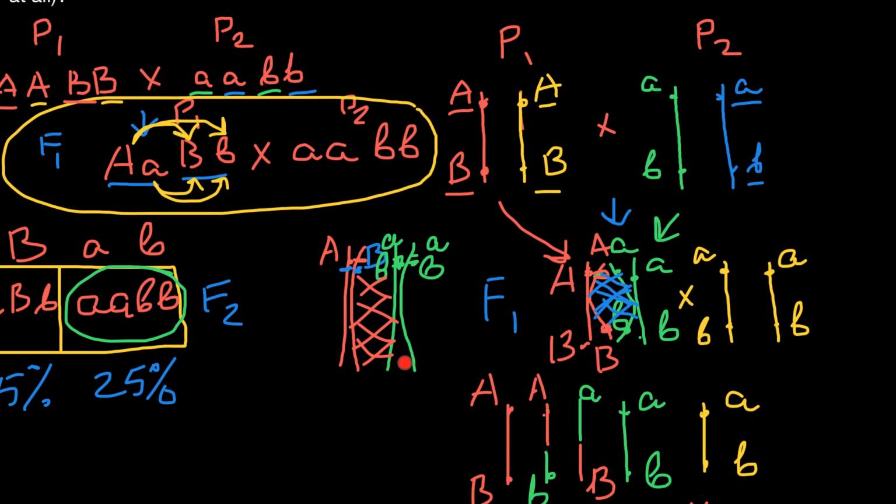That means that such a variant would produce only two types of gametes. The first variant would be a gamete where we would have dominant allele A and next to it dominant allele B, and the second variant of the gamete would be recessive allele a and recessive allele b.